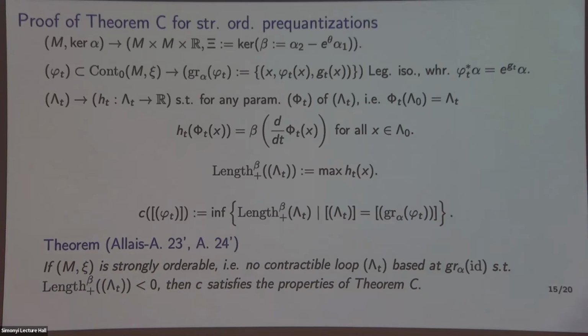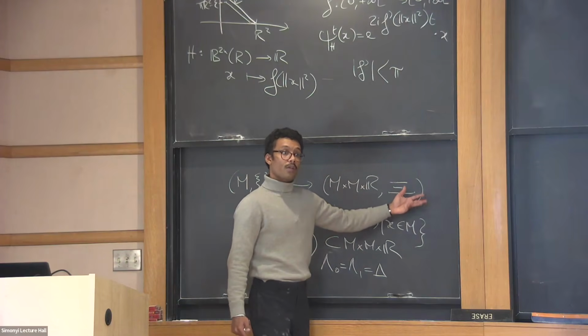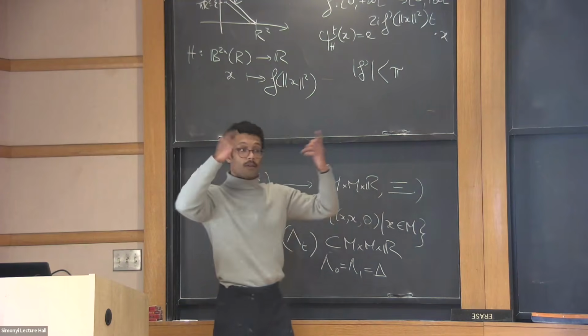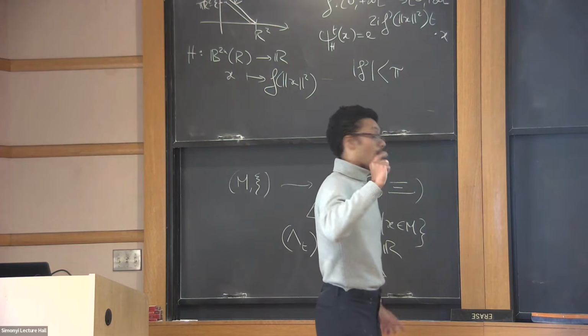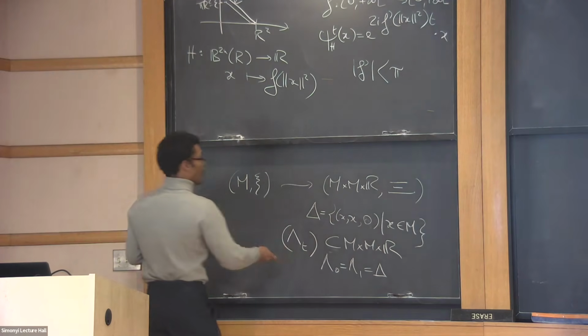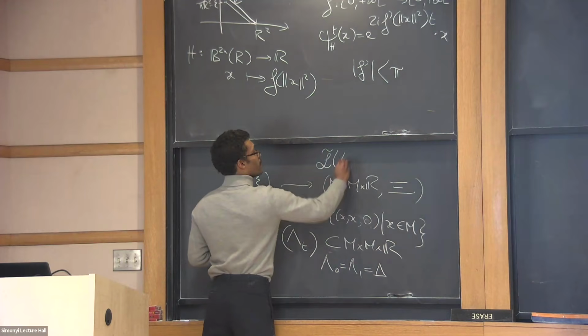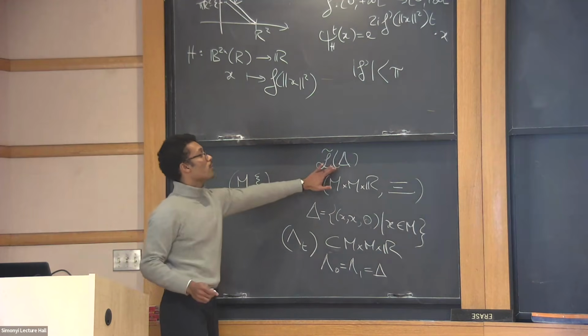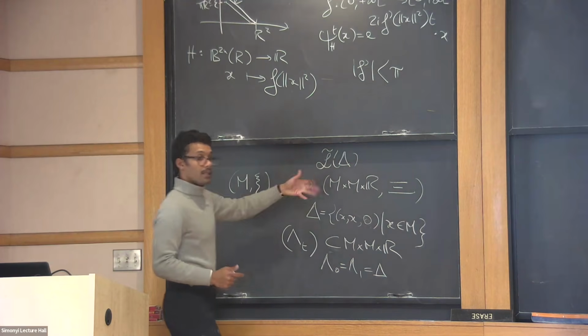And actually, it's a whole topic, this orderability, and here I stated it in just 2 sentences. But once you don't have this kind of loop, you have a partial order on the space of Legendrians, or at least on the universal cover of the space of Legendrians. Usually I denote it by L tilde delta, the universal cover of the space of Legendrians that are isotopic to delta, this diagonal.